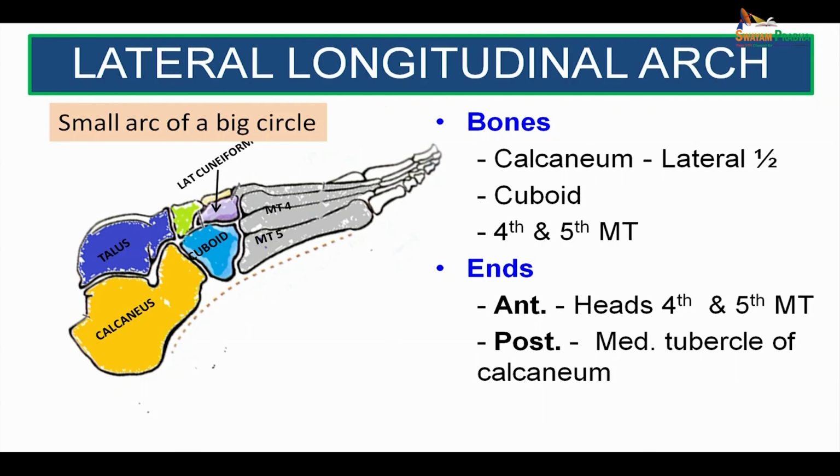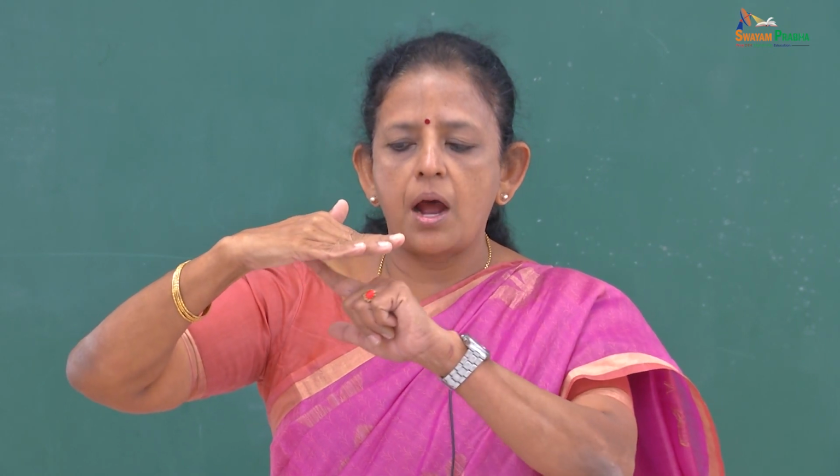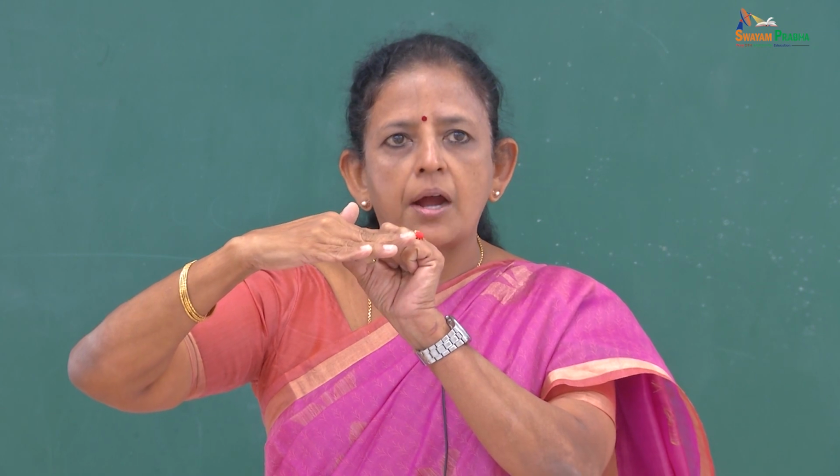Now, coming on to the lateral longitudinal arch, it is to be considered as a small arc of a large circle. So much so, the summit or the height of the arch is very small.